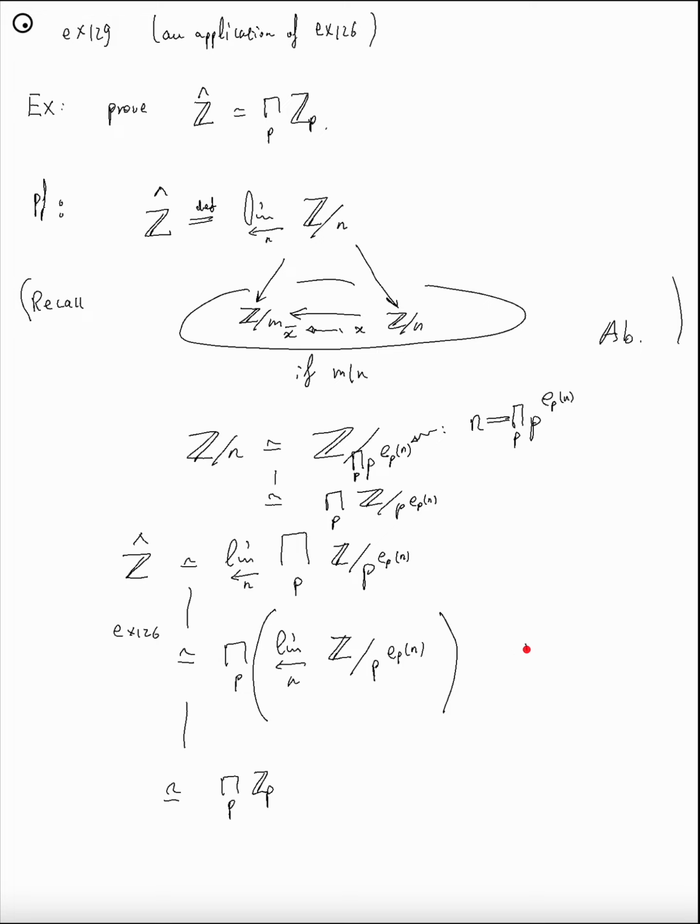If m divides n, then obviously e_p(m) would be smaller than e_p(n), and the transition maps would correspond to reduction, projection.